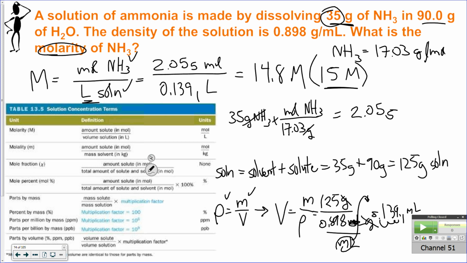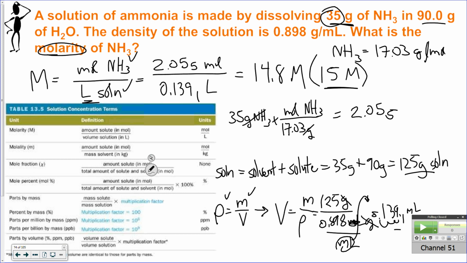The trick on this problem that makes it a little different is that we're given the mass of the solute and solvent, and we have to use them in combination to find the total mass of the solution, then use density to find the volume of the solution. It's not anything we haven't seen before; it's just the information that's provided.